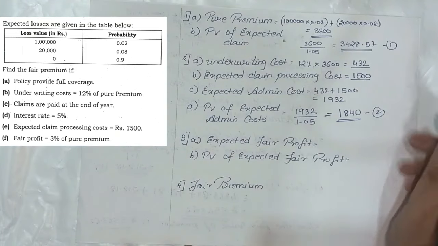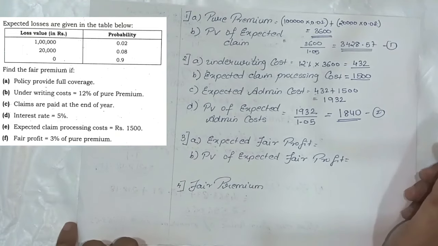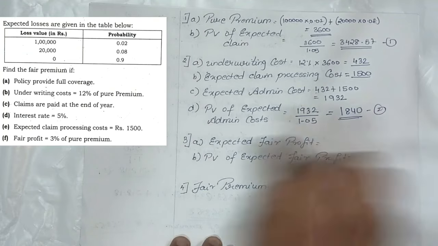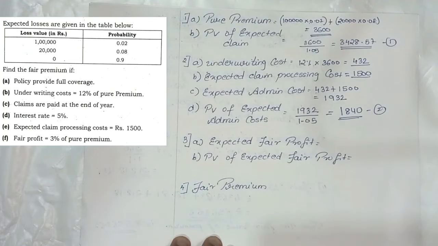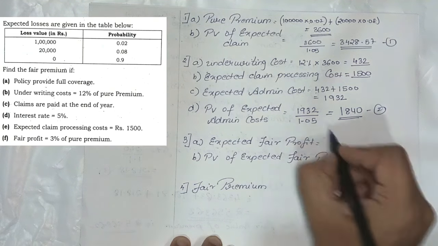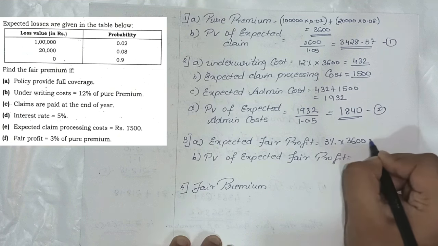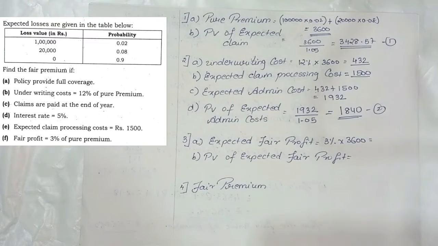Now similarly, we need the third one. For that, we need to first find the expected fair profit. Again, a percentage. In the question, given as the last adjustment, fair profit is 3% of pure premium. So 3% of 3,600. On the calculator again, 3,600 into 3% comes to 108.